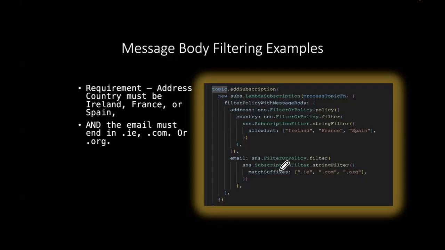I think there's actually another one called contains, but there's certainly match prefix and match suffix. And again, it's an array. You can specify, it has to be an array. Even if it's only one value, you must put it into an array. And so here's our array of acceptable suffixes for our email.